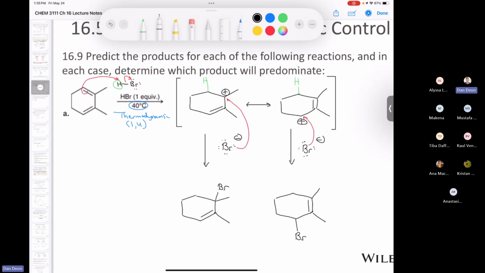Keep in mind the kinetic product is the 1,2. Yeah, it's the one on the left. Absolutely. So this is the 1,2 adduct, and therefore this is the kinetic product. This one is the 1,4 adduct, and therefore this is thermodynamic.